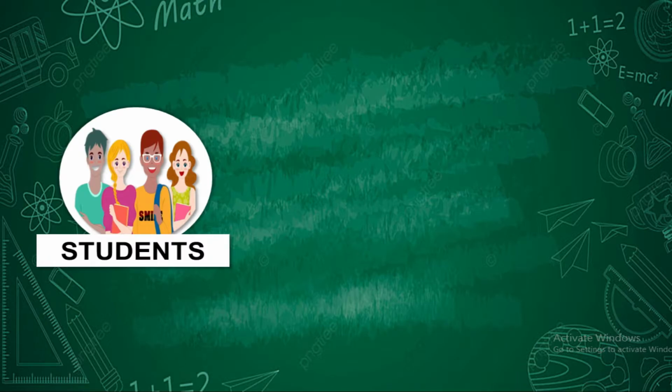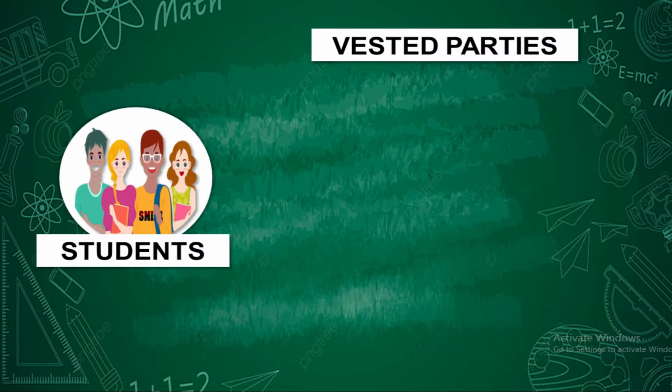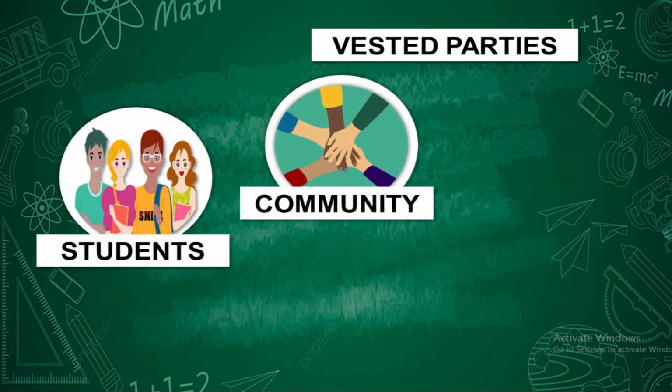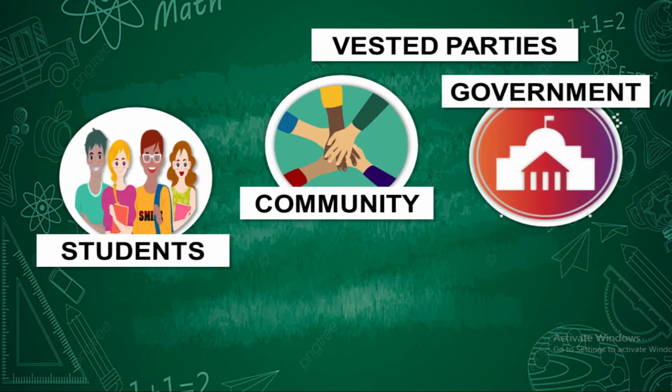First of all, we have our students. We also have our vested parties. Who are they? They are the community, which involves the parents who nurture the students, aside from the teacher. We also have the government, who supports through policies, regulations, laws, and scholarship programs for the students.